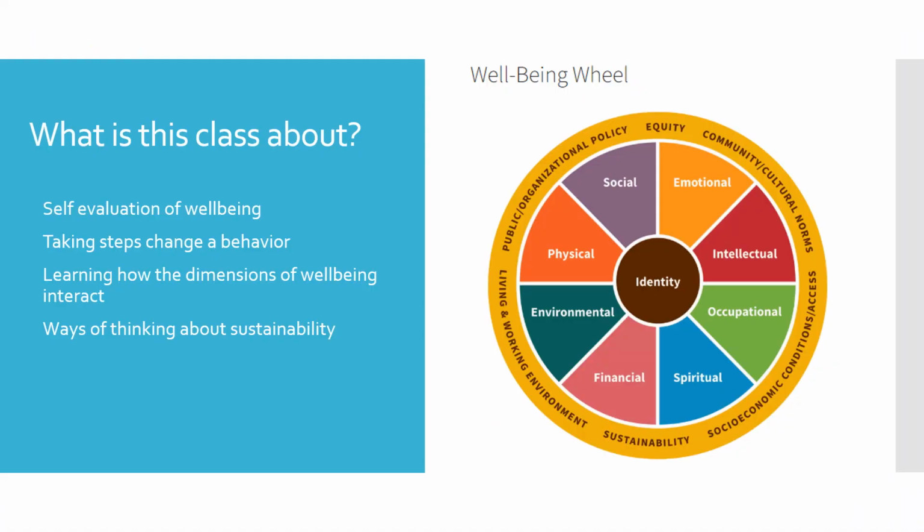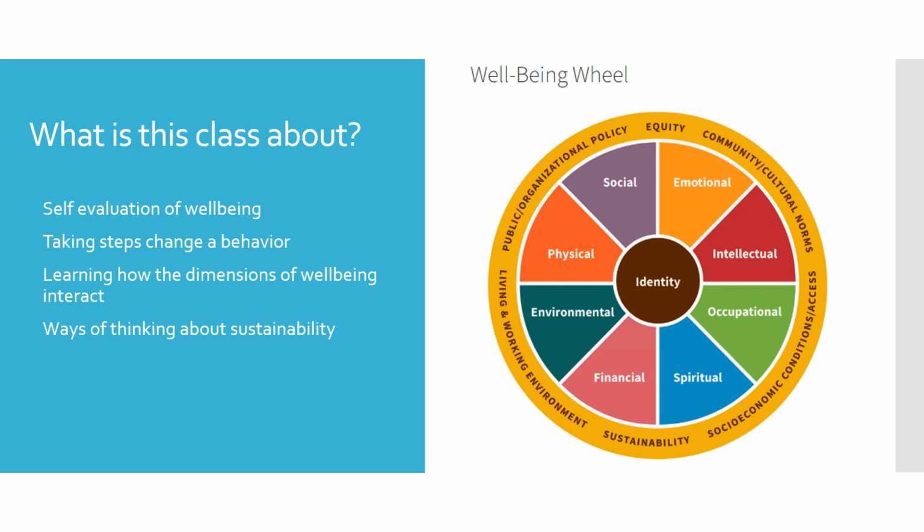So this class is about a lot of self-evaluation. We're going to do some assessment of a number of ways of thinking about how you see, understand, view these different areas. And we're also going to make a plan about improving a behavior.